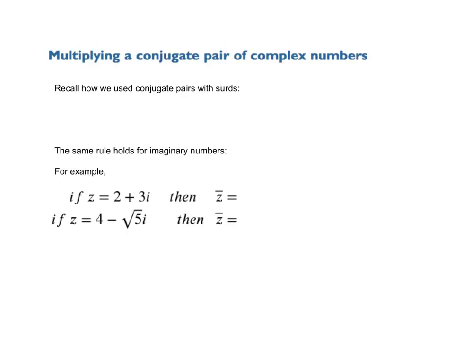Now, if you remember back with surds, we were able to rationalize the denominator by multiplying the top and the bottom by the conjugate. So the conjugate of 1 plus root 2 is 1 minus root 2.